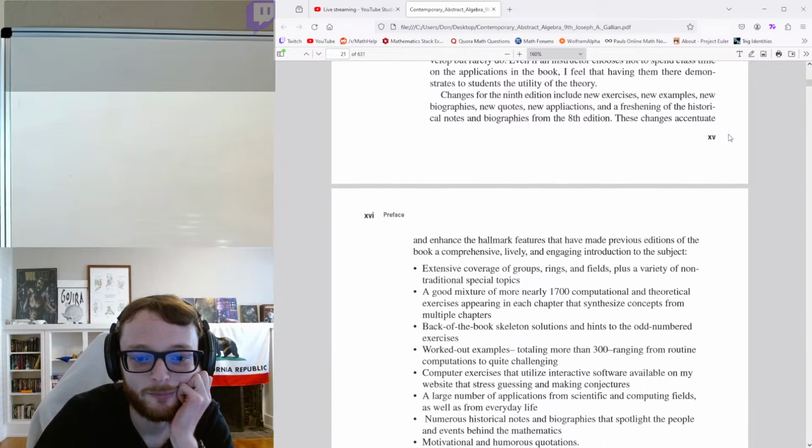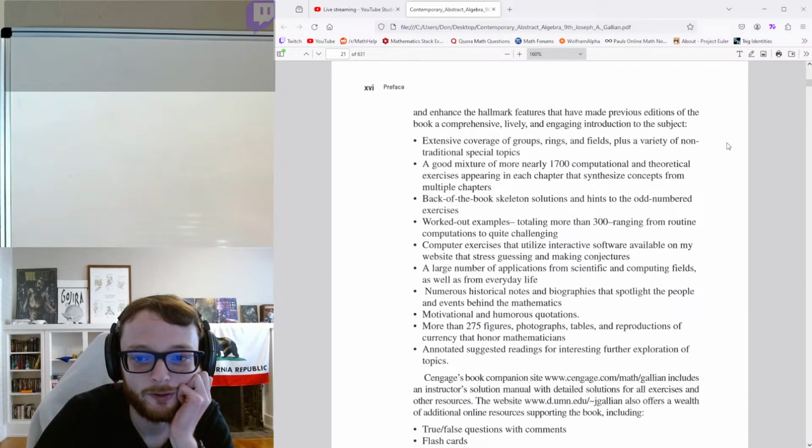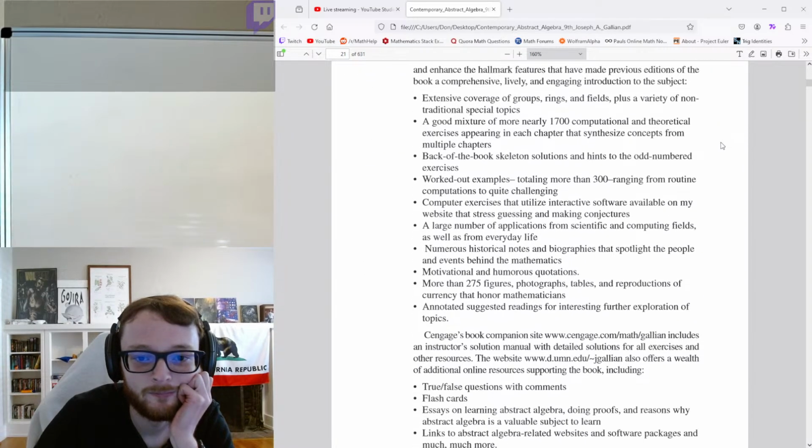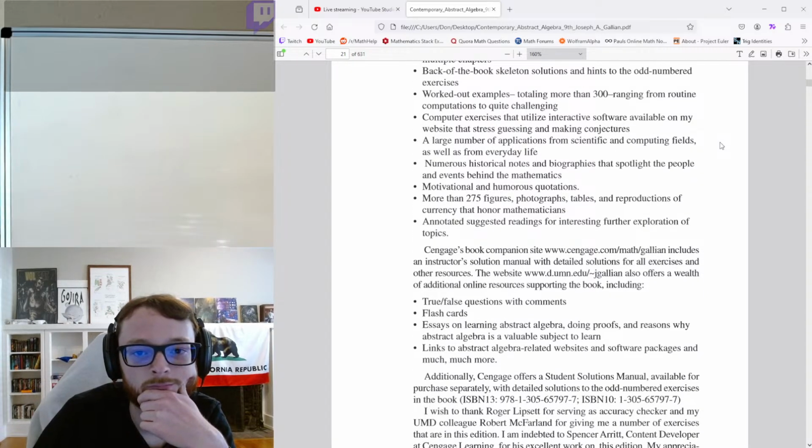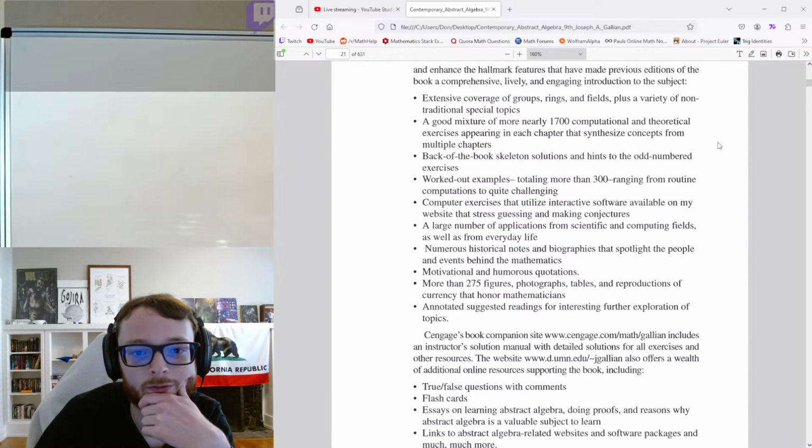I don't know if this preface is that important. Back of the book, skeleton solutions. Hints to the odd numbered exercises.